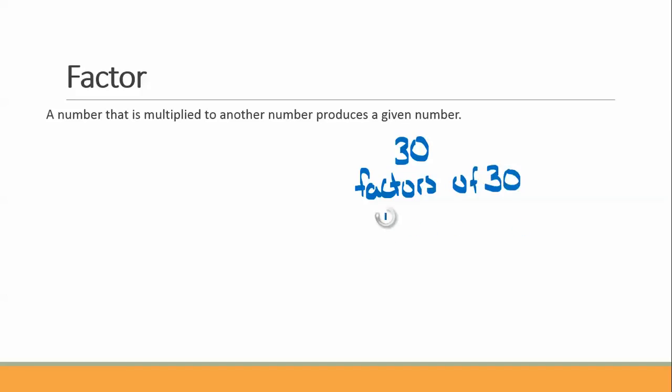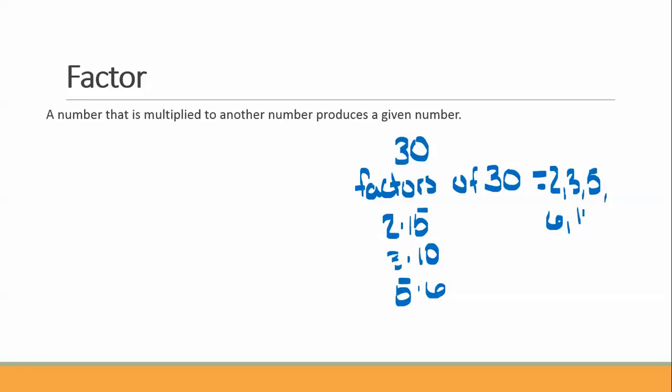So 2 and 15. 2 times 15 is 30. 3 times 10 is 30. 5 times 6 is 30. So the factors of 30 are 2, 3, 5, 6, 10, and 15.